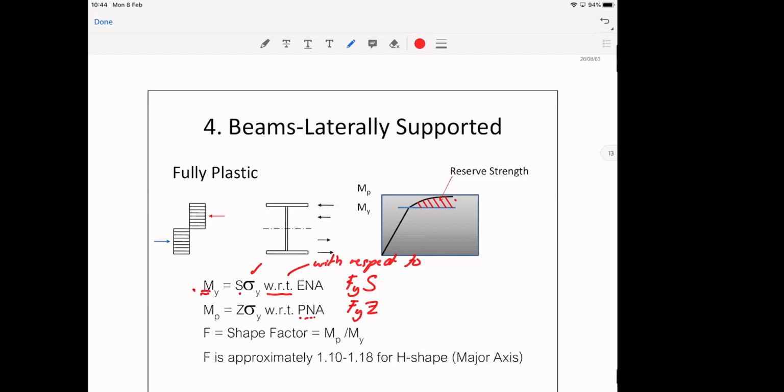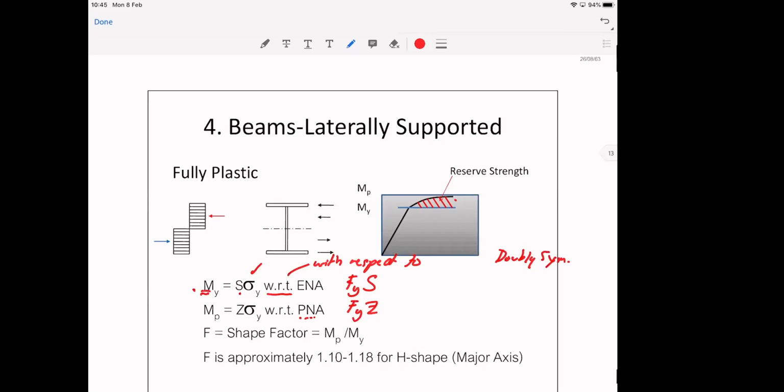Generally, if we have a doubly symmetric section, the plastic and elastic neutral axes are at the same location, so you don't have to bother looking for it. But if they are not symmetric in either shape or the material you use, you may use more than one material, you need to locate the plastic neutral axis.